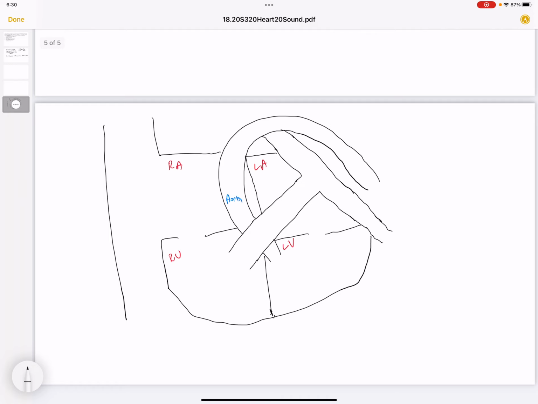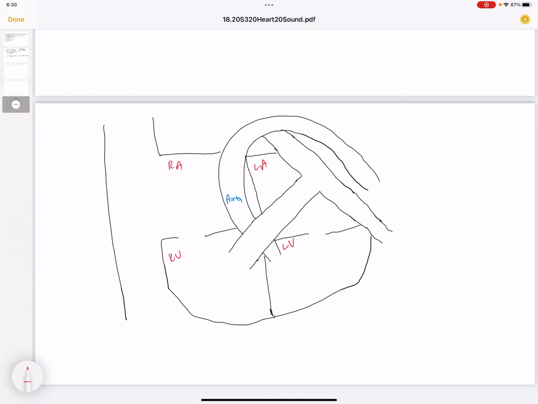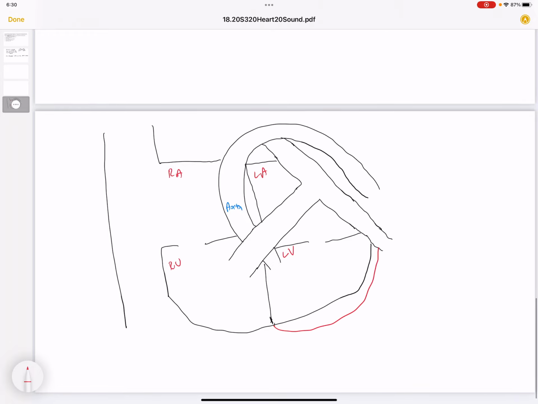Here, if we take a look at this image, let's use the color red. When blood is filling, the left ventricle is going to reach a maximum compliance when it is fully filled.